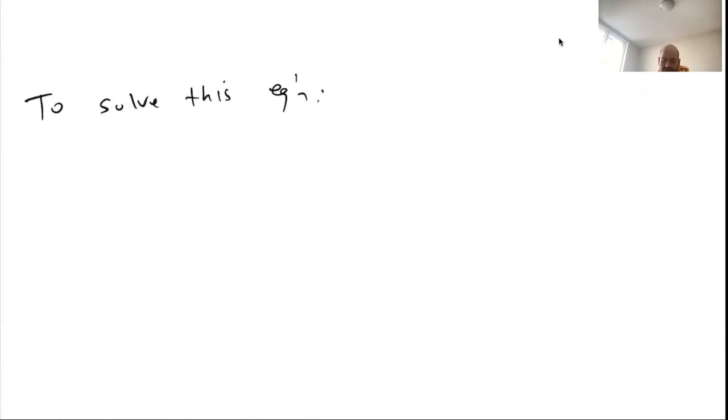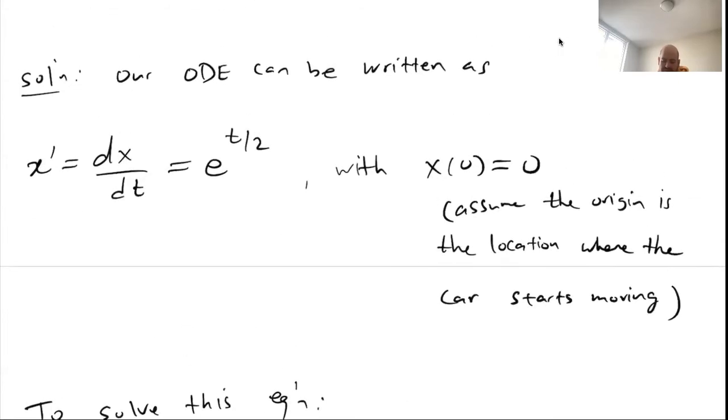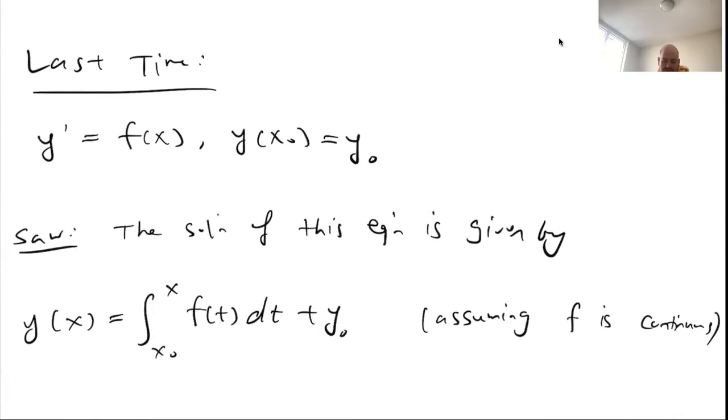So we can write that formula this way: x of t equals the integral from t0 to t of e to the power s over 2 ds plus x of 0, which is 0.